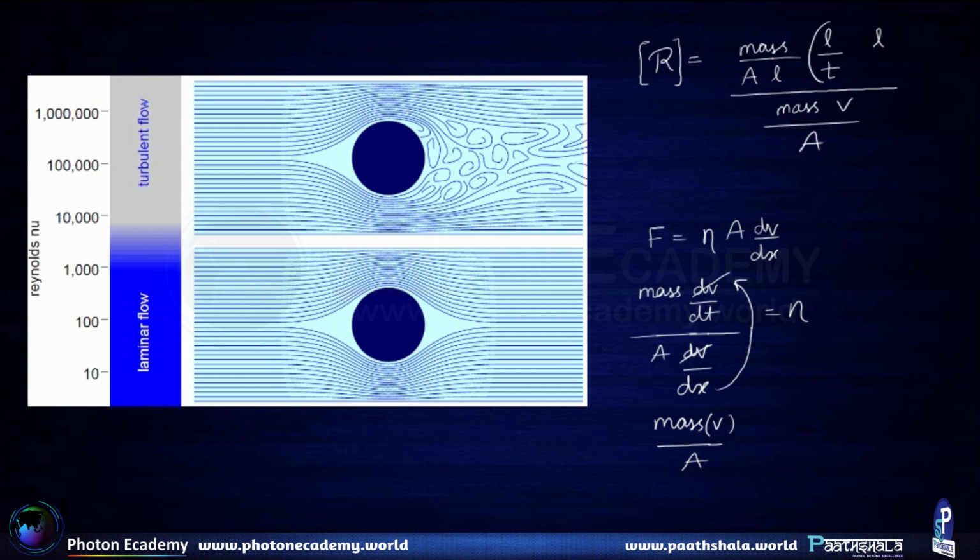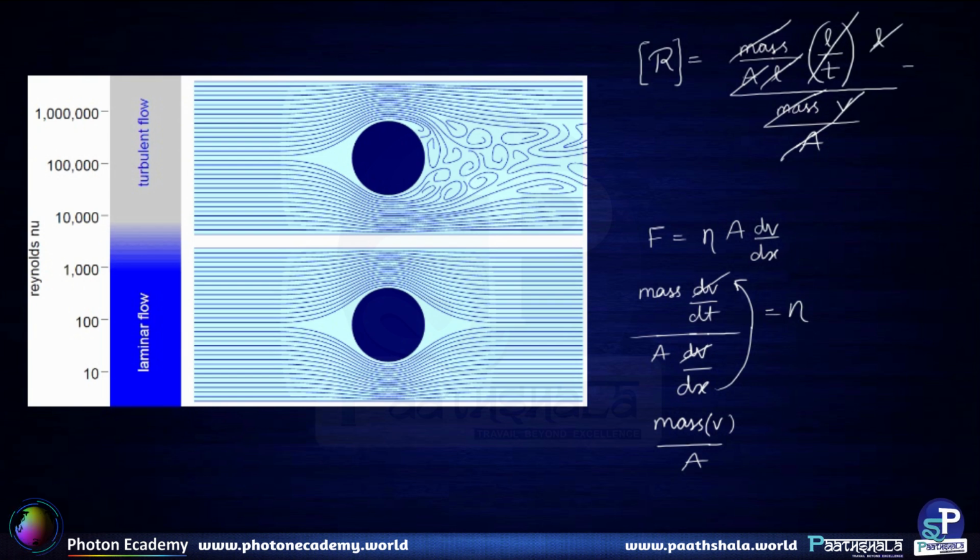So this right over here is velocity, so this will get cancelled with velocity, mass with mass, area with area, and length with length. So what do we get? The dimensions of the Reynolds number are null. So basically that's why we are not specifying any units. Okay, so this has got null dimensions. So it is just a number, that is why it is called the Reynolds number essentially. All right.